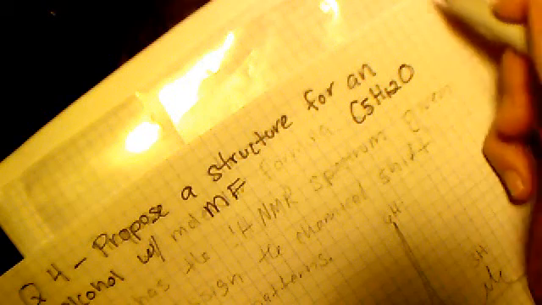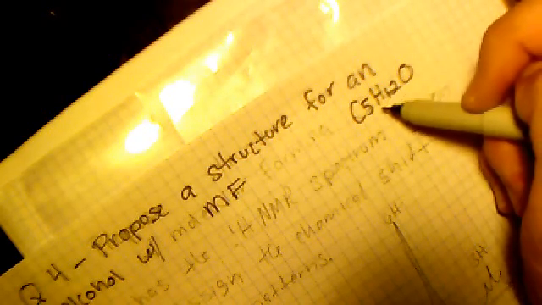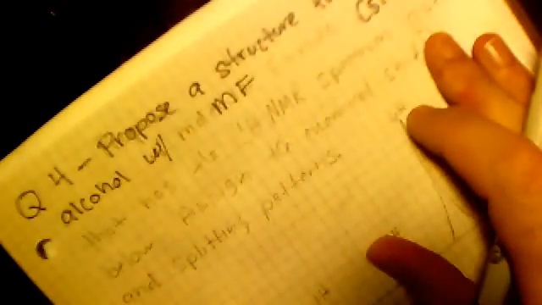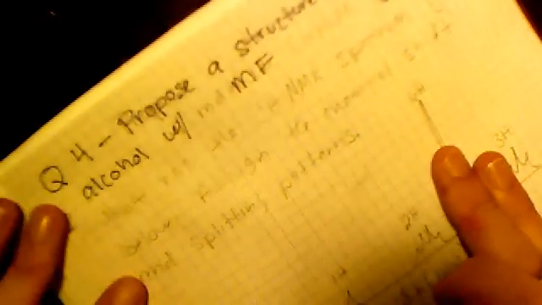C5H12O. So we know this is a saturated alcohol because it follows the CnH2n plus 2 rule. It has no double bonds or triple bonds or aromatic rings or anything like that.